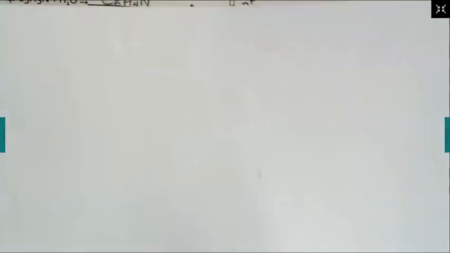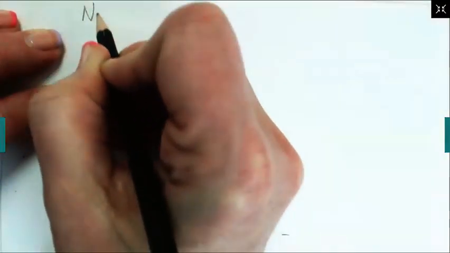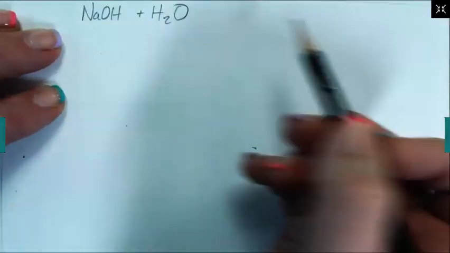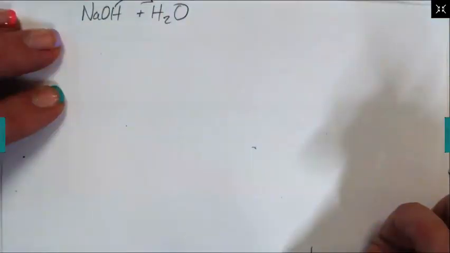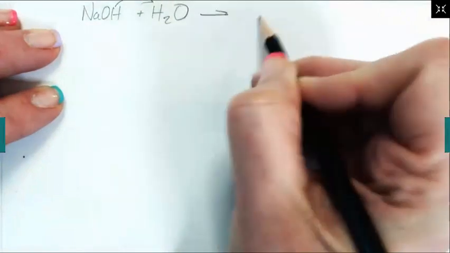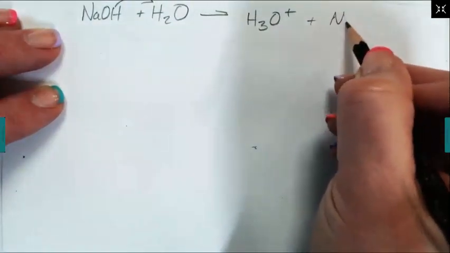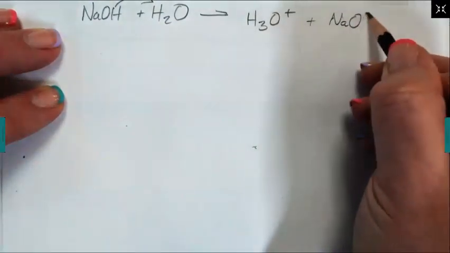Now, you might be thinking, well, NaOH and H2O, why didn't this guy just donate its hydrogen? That would make H3O plus and NaO ion.